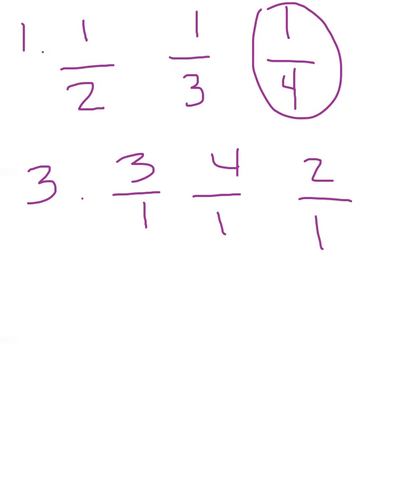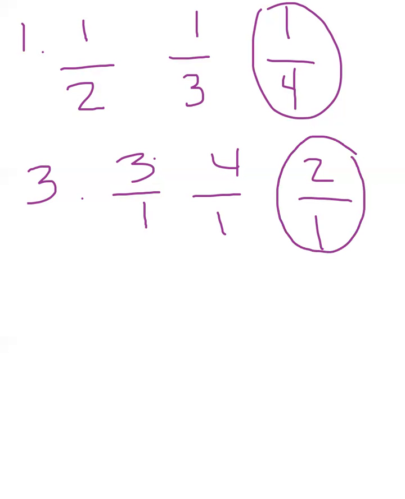So again, looking back at our notes, we see that if the fractions have the same denominator, the fraction with the largest number as the numerator has the largest value. But in this instance, we want the number with the lowest value. So 3 would be the greatest value. So in this case, 2/1 would be the smallest.